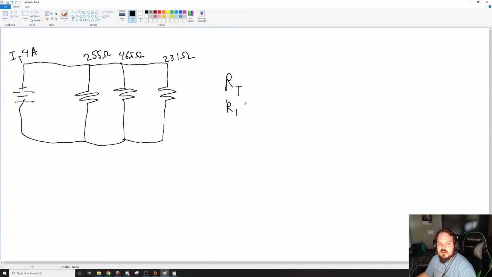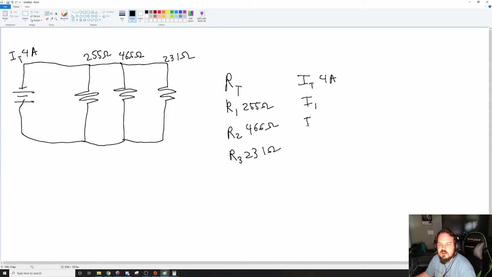Our R1 is 255 ohms. Our R2 is 466 ohms. And our R3 is 231 ohms. That's not important. I total is 4 amps.